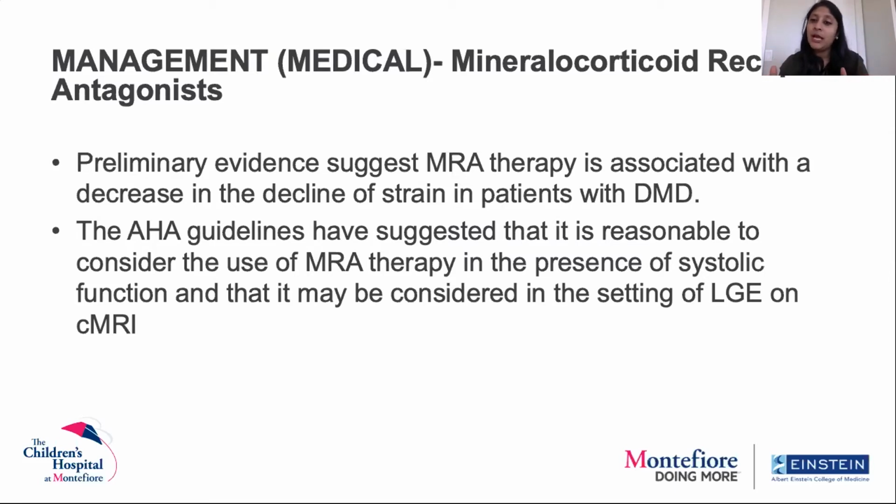So sometimes patients are on 3 medications, not because their heart function is very, very poor or they're in severe heart failure, but because we want to give them the benefit of all these medications that exist and prevent further decline in their heart function.